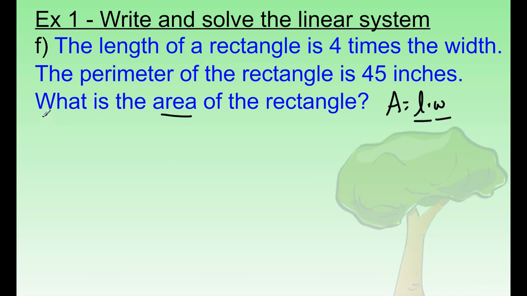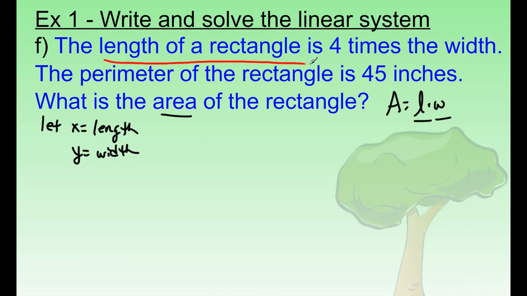My guess is I'm going to let x equal the length and y equal the width. Okay. So now, verbal model and equation time. The length of the rectangle is 4 times the width.